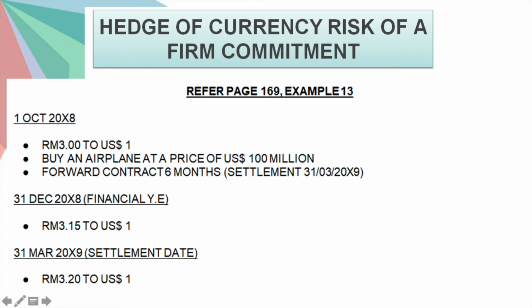On 31st December 2008, the financial year end, the ringgit goes down, so 1 US dollar goes to 3 ringgit 50 cents. On the 31st March 2009 settlement date, the rate is 3 ringgit 20 cents to 1 US dollar.